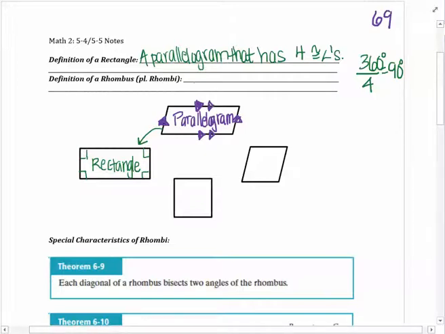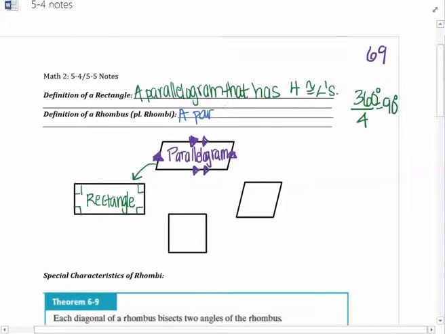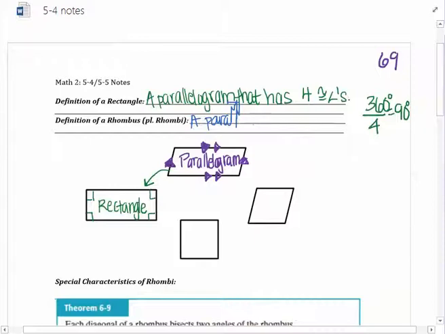Okay, so the definition of a rhombus: it is a parallelogram that has 4 congruent sides. Not angles this time, sides.